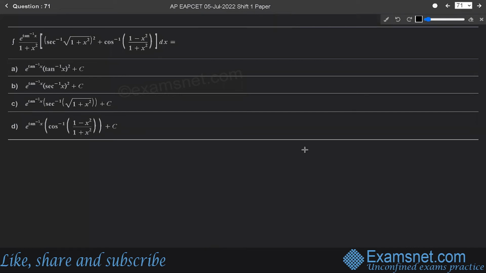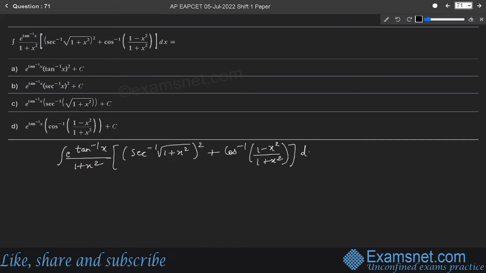Next question is integral of e to the power tan inverse x divided by 1 plus x square, into sec inverse under root of 1 plus x square whole square plus cos inverse of 1 minus x square divided by 1 plus x square, dx is equal to. So let I is equal to the given expression.